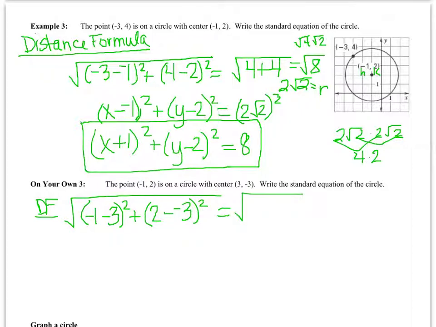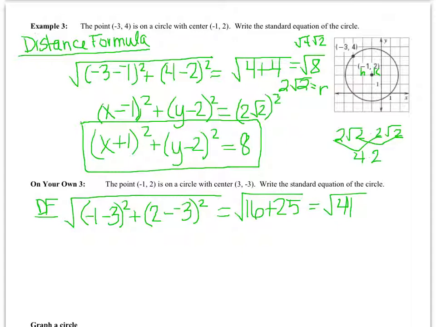Simplifying that, you get the square root of -1 minus 3 is -4. -4 squared is 16. Plus 2 minus a -3, well, that becomes plus 3, so it's 5. 5 squared is 25. So it's the square root of 16 plus 25 is 41, and we can't simplify that as a radical, so we're going to leave it just like that.